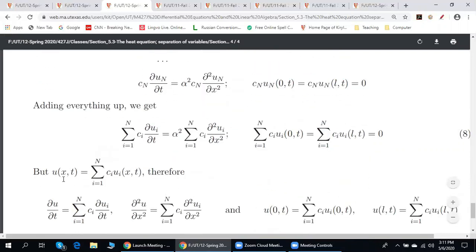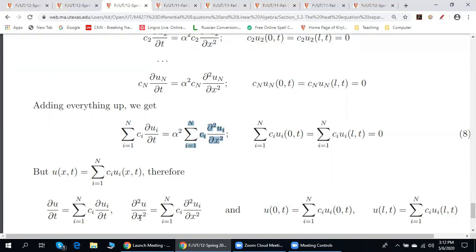Observe that since u is a linear combination of u1, u2, and so on, un, the left-hand side of this equation, which is over here, is simply du dt. For the same reason, the expression after alpha square here, this expression, is the second partial derivative of u by x.